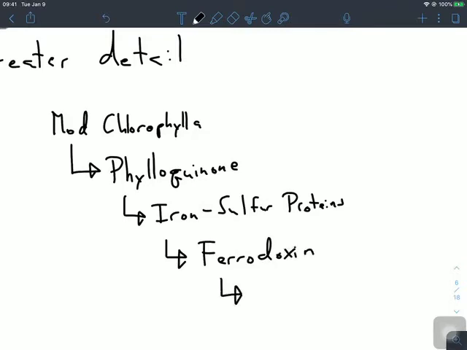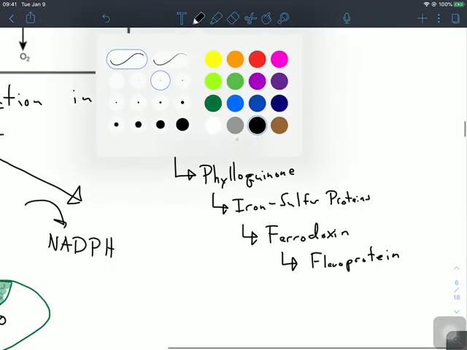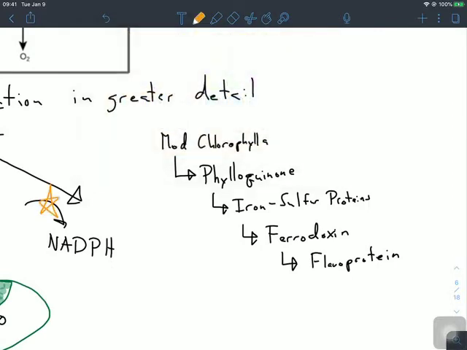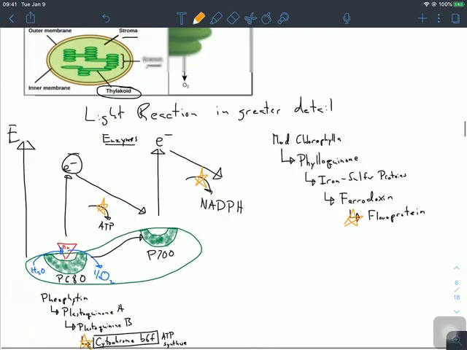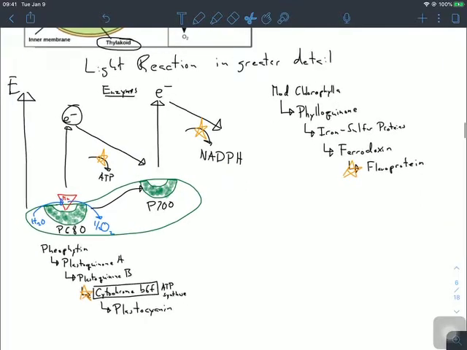And after ferredoxin, we have our flavoprotein. And it is at our flavoprotein that we again see the machinery necessary to convert NADP plus to NADPH. So it is at this step, this very last protein, that we get our last enzyme in this light reaction that's charging things.